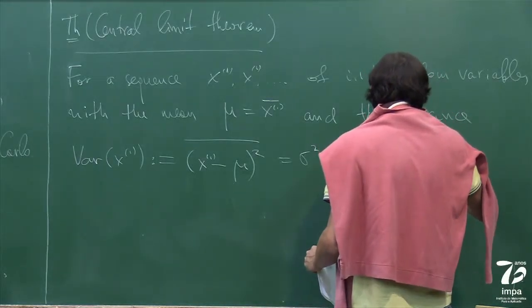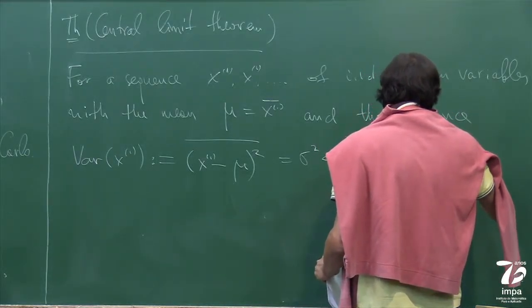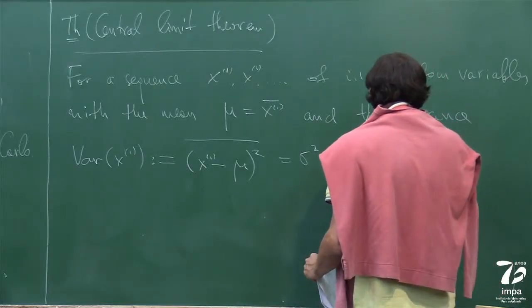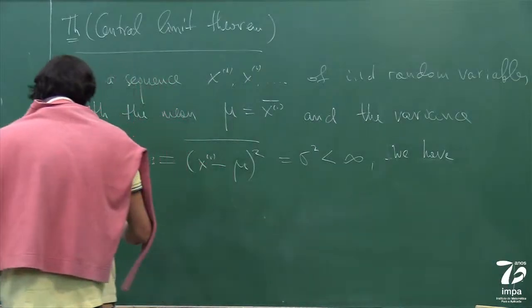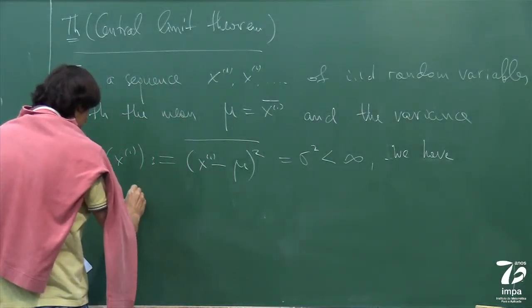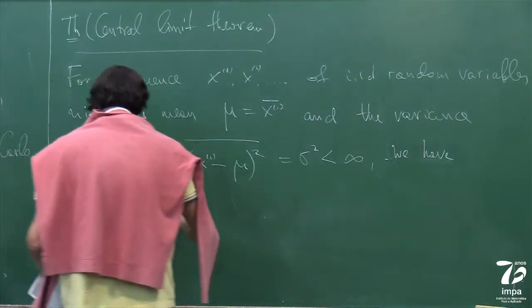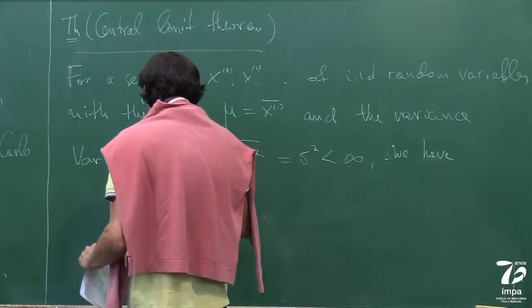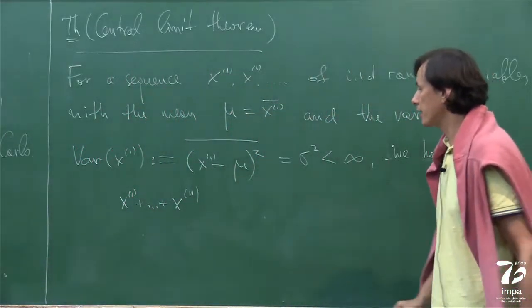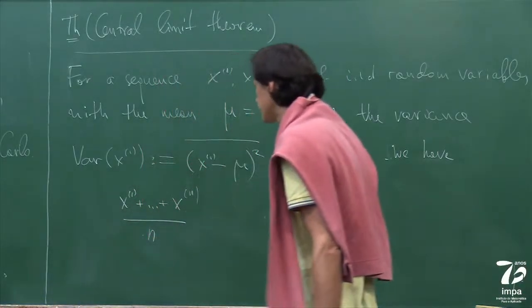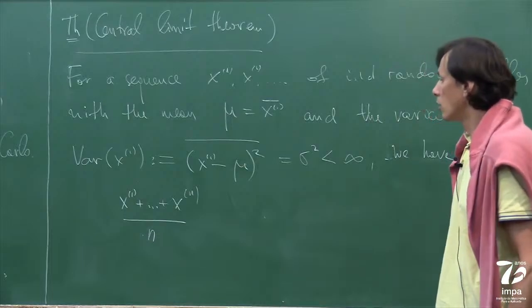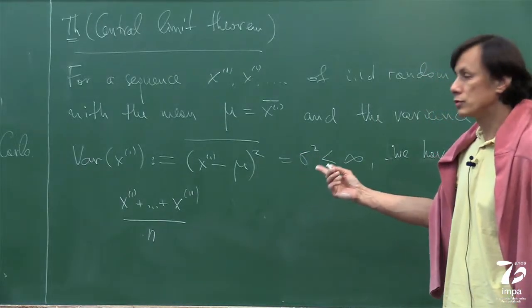we have that the finite sum, take the sum of the first n of them and take the average, will converge to a certain distribution, which will be the normal distribution.